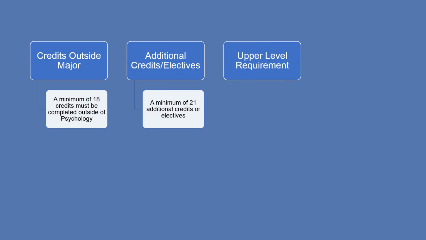As we discussed in the previous presentation, upper-level credits are courses that students generally take in their final year of studies. As a Psychology BA student, you are required to complete 18 credits at the 3000 or 4000 level, including at least 12 credits in your major at the 3000 level.